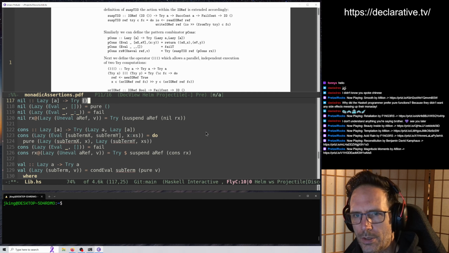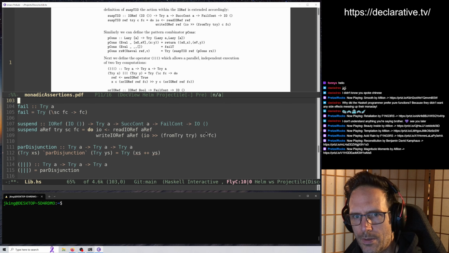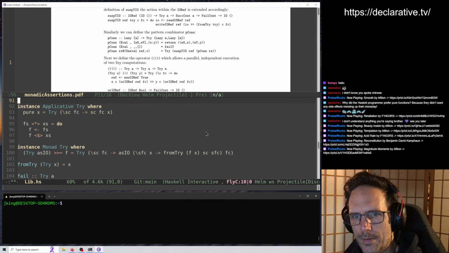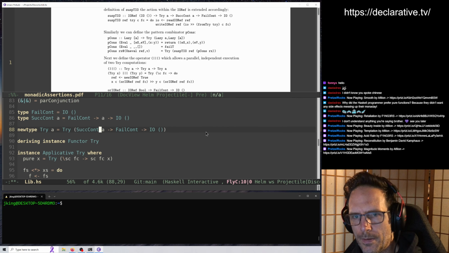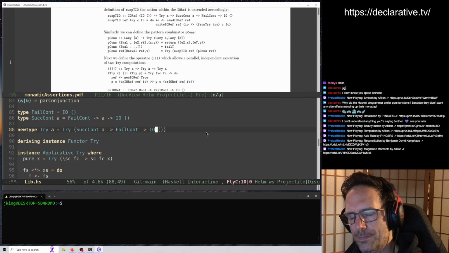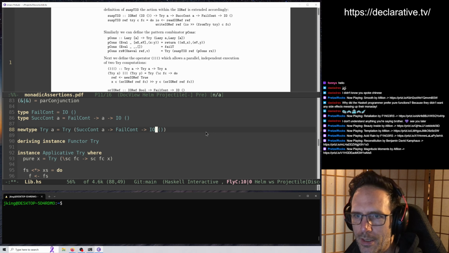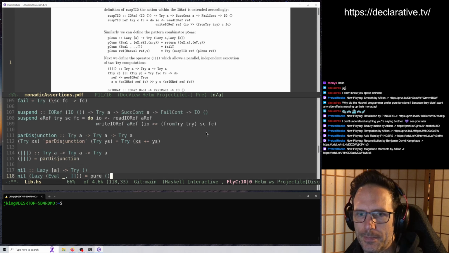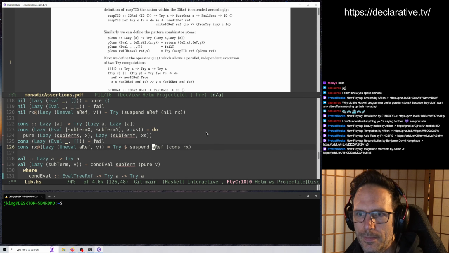Unless, well, try is our monad now, which is an IO. It has this function, this coroutine inside that is IO under the hood. The success continuation, the fail continuation.